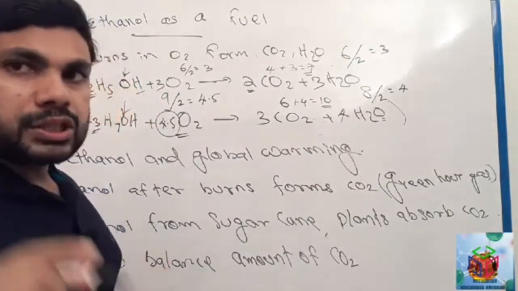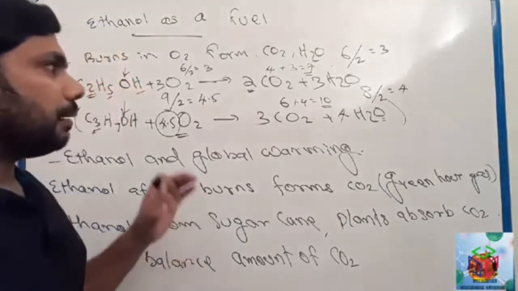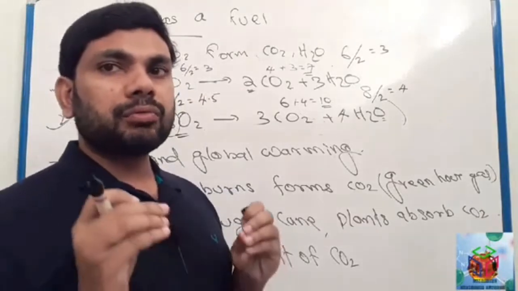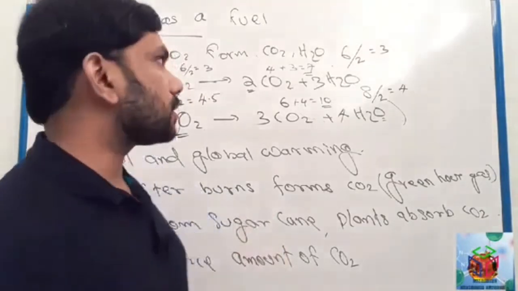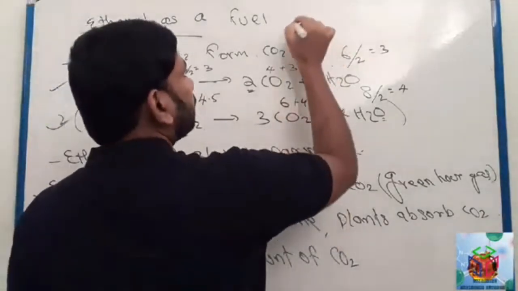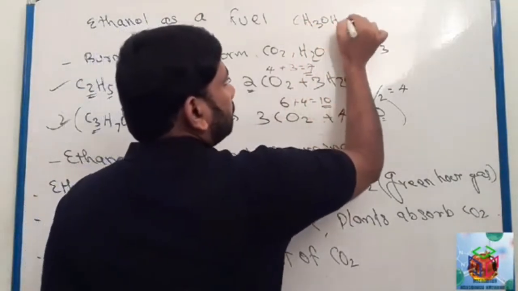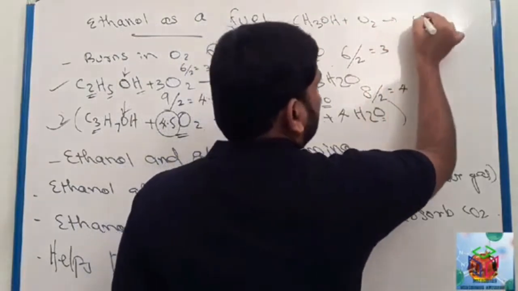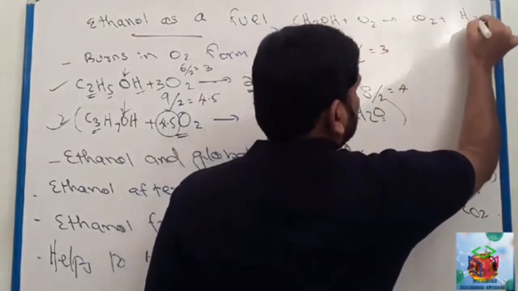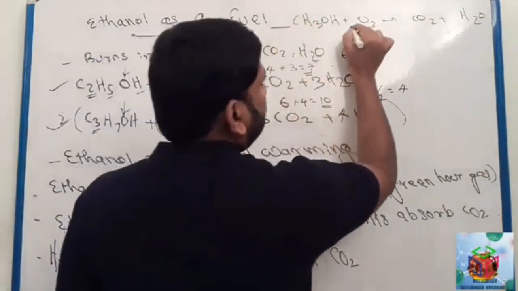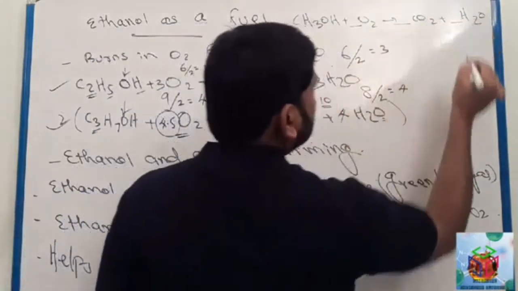So I am giving you one homework, and you have to write the answer in the comment box. Look here: CH3OH plus oxygen giving carbon dioxide and water. You have to balance this.